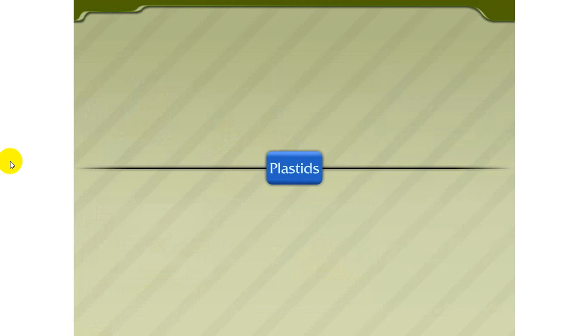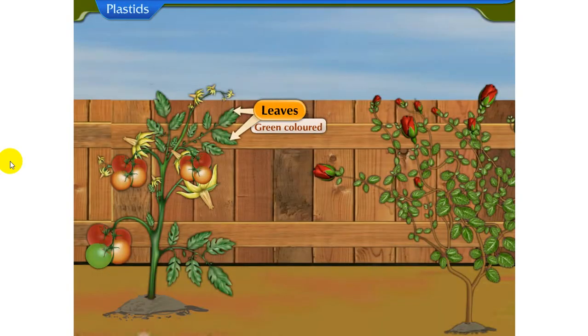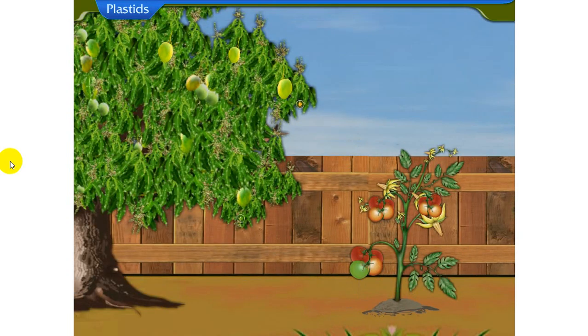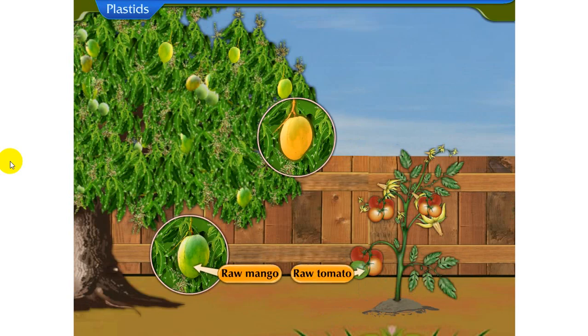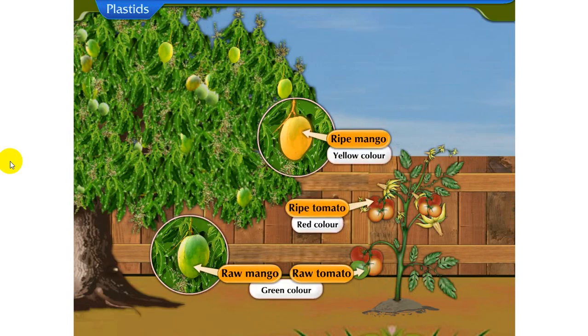Plastids. The leaves are green colored, the flowers are shown in various colors, and so are the fruits. For example, raw mango or raw tomato is green in color, but ripe mango is yellow and ripe tomato is red in color.